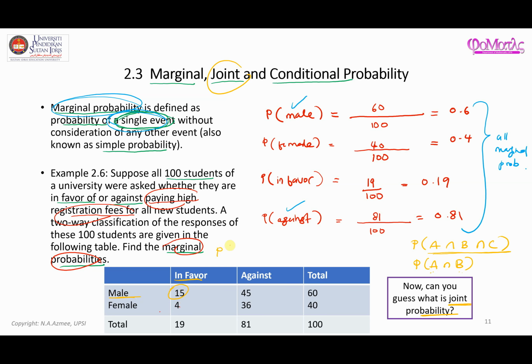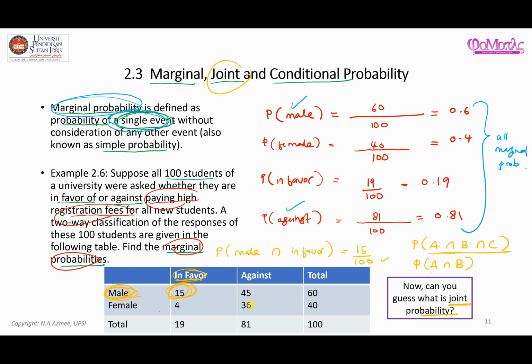So the probability of the student being male and also in favor of the statement here is going to be 15 over 100. You can see that this is the space where there is intersection between male event and in favor event. So this is an example of joint probability.